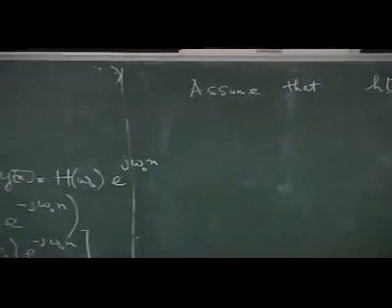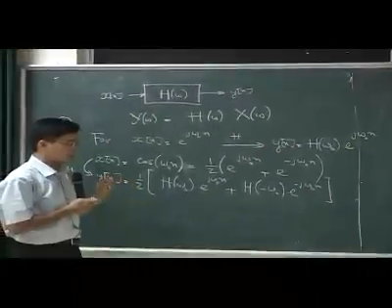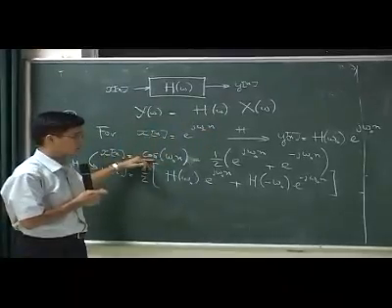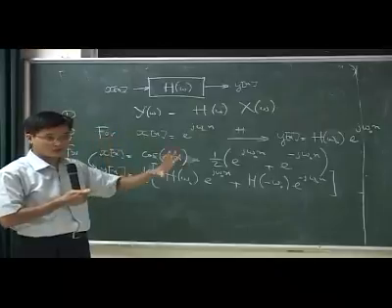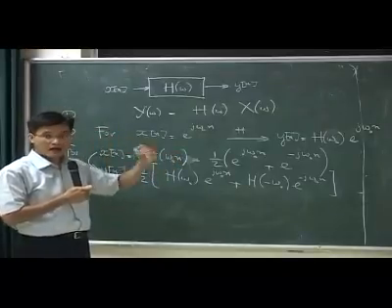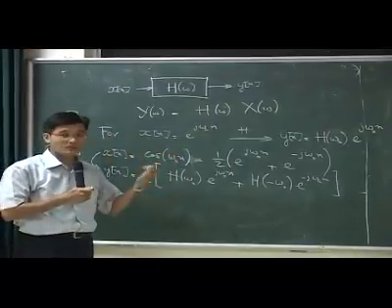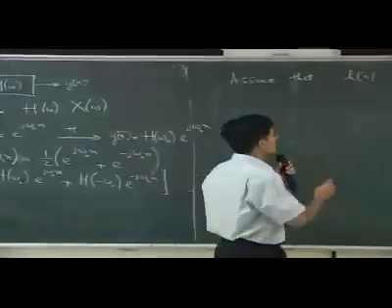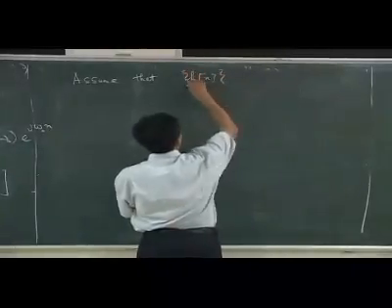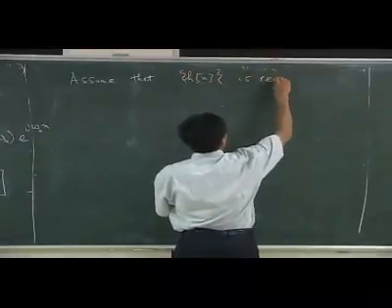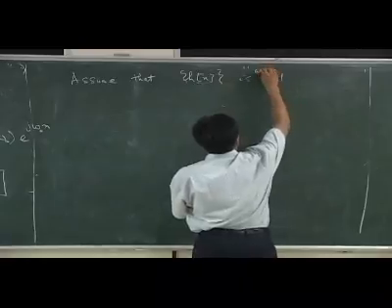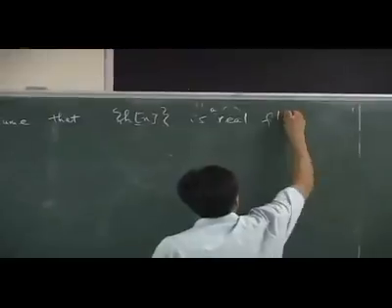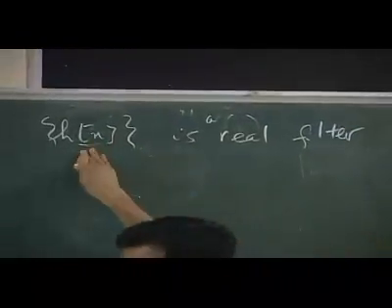But now I want to look at something more realistic, where the signal we collect is a real signal. And I assume the filter is also real, so the output is also a real signal. I want to see what that real output looks like. So assume that h[n] is a real filter. That means each of these numbers is real.